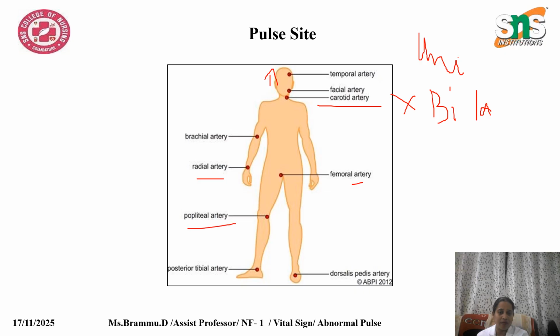Then comes the popliteal artery, found just behind the knee, both right and left. Then you have the posterior tibial artery, located posterior to the tibial bone. And the last artery we use for pulse assessment is the dorsalis pedis artery, seen on the dorsal region of the foot.